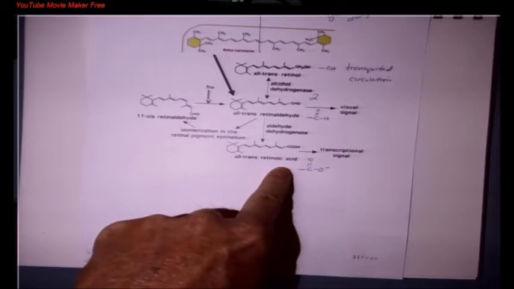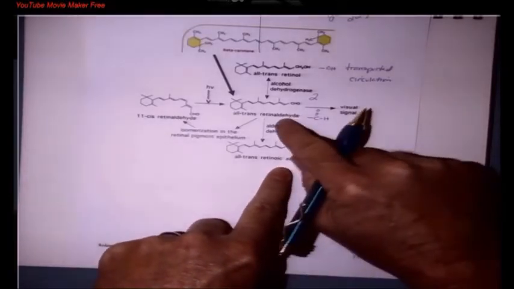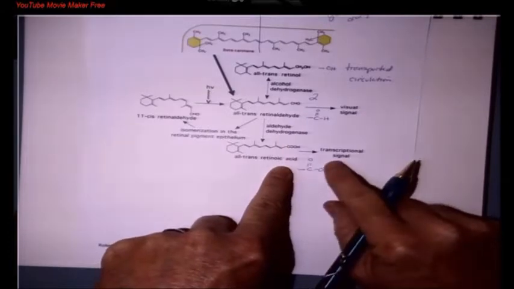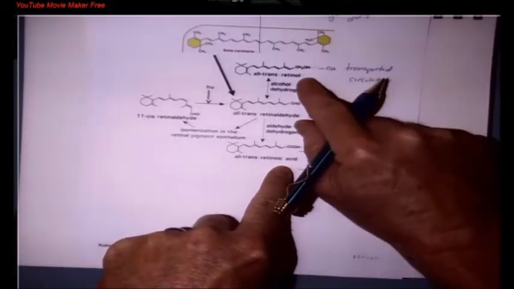Now, the other form of retinaldehyde can be converted into retinoic acid. Here's the end of retinoic acid. It's an acid, so again, this is something we don't want in the bloodstream. It can throw off our pH. And so we're going to convert the aldehyde and retinoic acids into retinol for transportation in the circulation. So that's primarily the difference between these functional groups on the end of vitamin A.